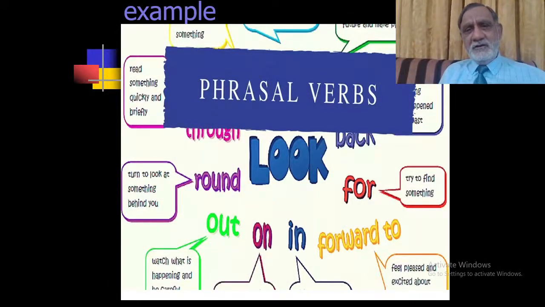Now, an example of phrasal meaning, given on this slide, is the word look. You change the words with it: look far, look in, look around, look on, and the meanings would start differing. So these are called phrasal verbs.